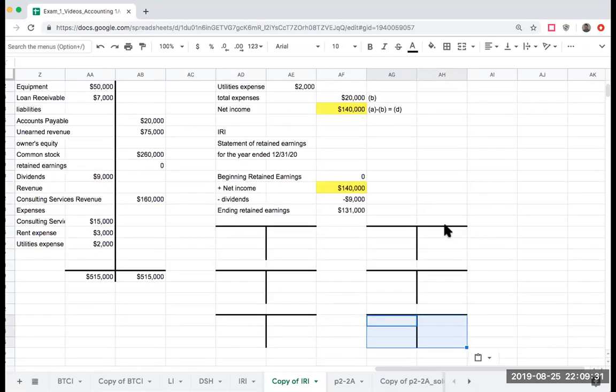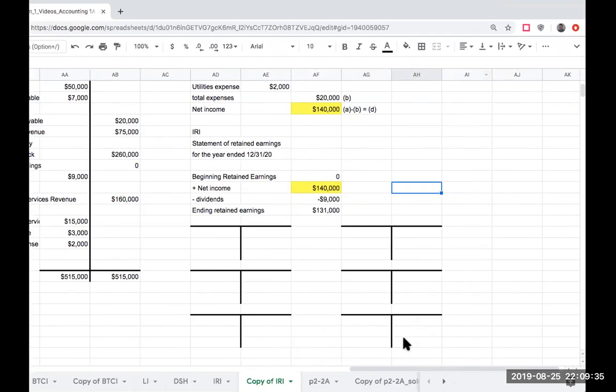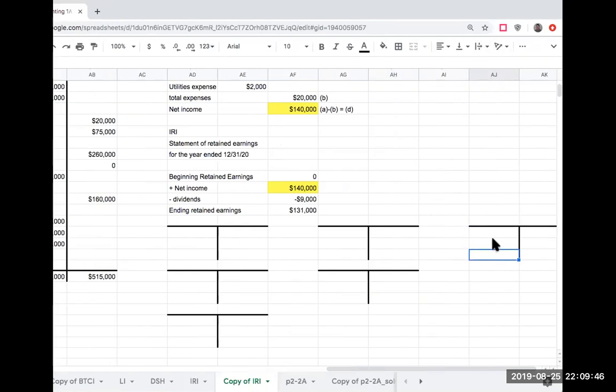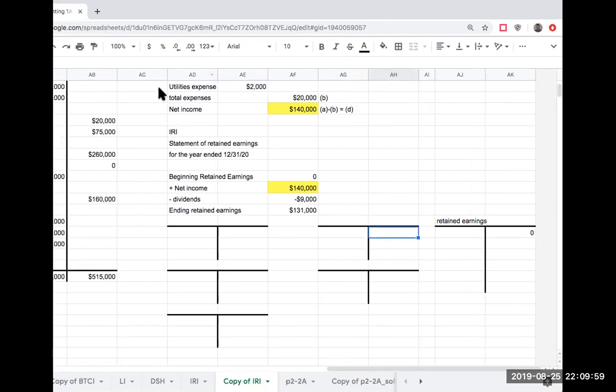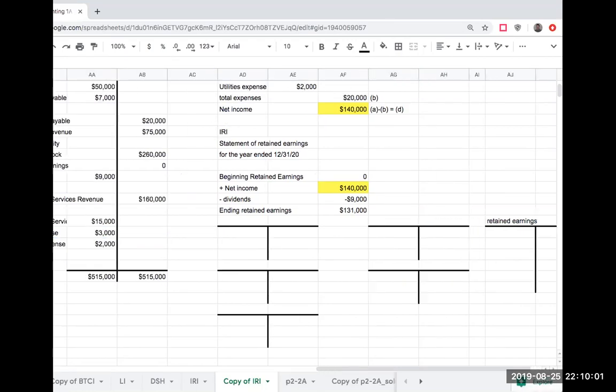Okay, so we're going to close these all out to retained earnings. This starts over here with a 0 balance. And so all I'm doing at this point is I'm calling forth, right?